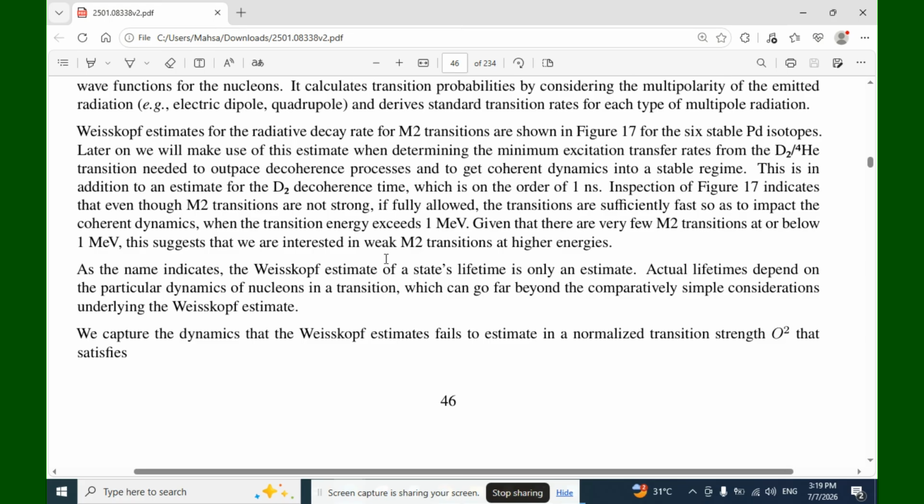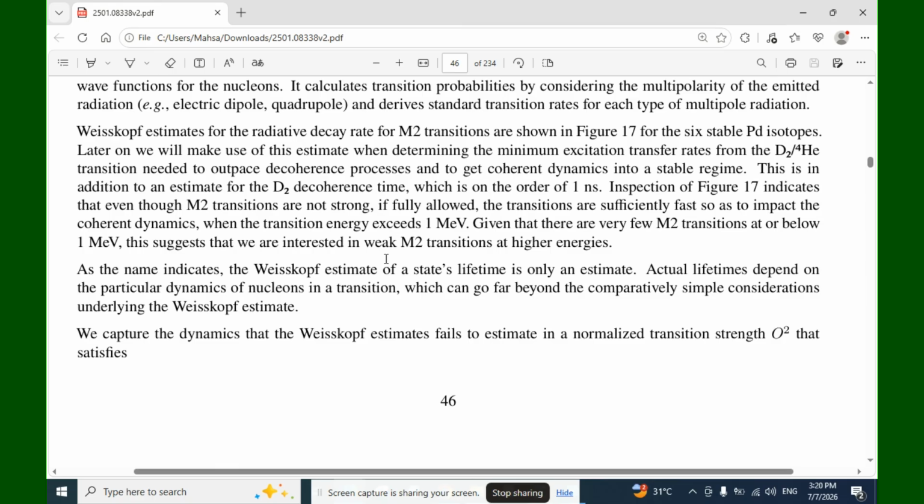Weisskopf estimates for the radiative decay rate for M2 transitions are shown in figure 17 for the six stable palladium isotopes. Later on, we will make use of this estimate when determining the minimum excitation transfer rates from the deuterium-deuterium to helium-4 transition needed to outpace the decoherence processes and to get coherent dynamics into a stable regime. This is in addition to an estimate for the deuterium-deuterium decoherence time, which is on the order of 1 nanosecond.